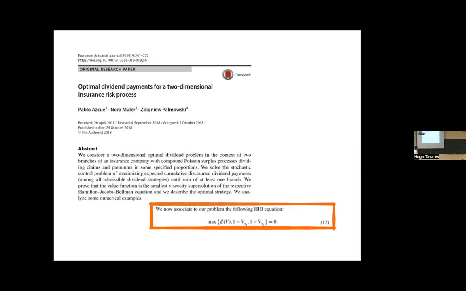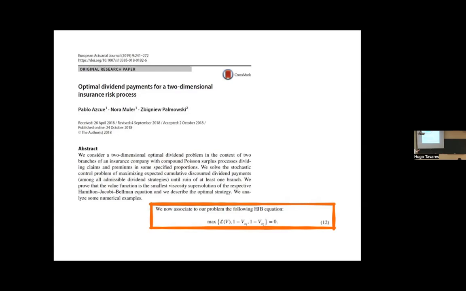Well, let's see. So we're looking at these types of problems that appear in ruin theory and in storage, and they have a very particular equation that caught our attention. I will explain in a moment how they come about. But you see, it's a very nonlinear problem.